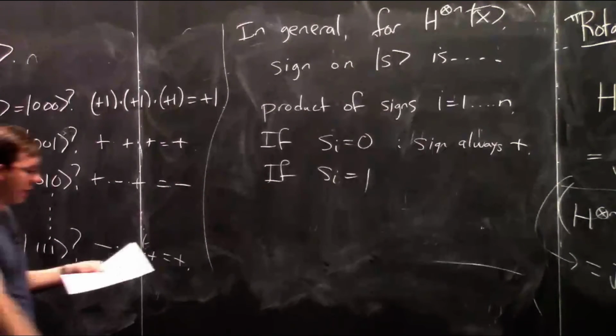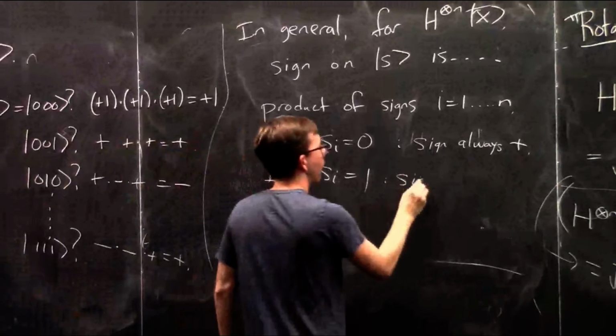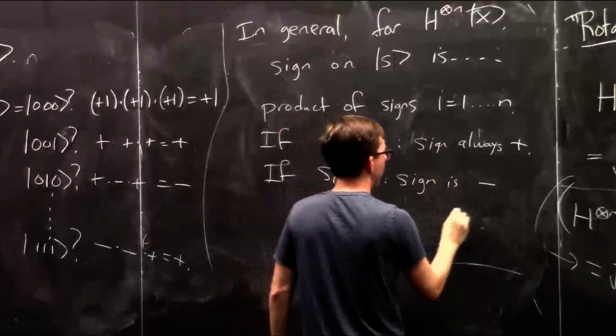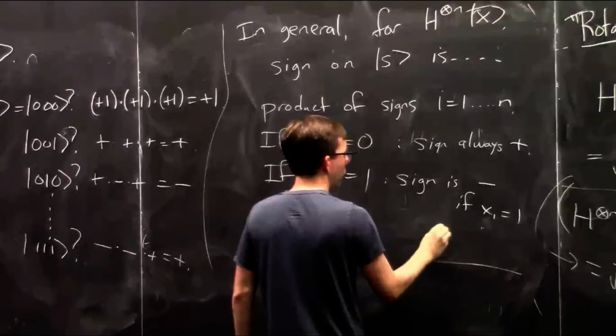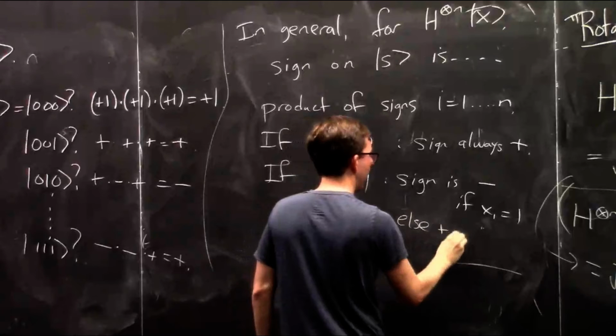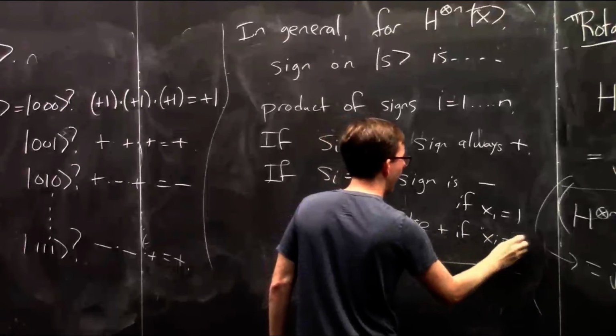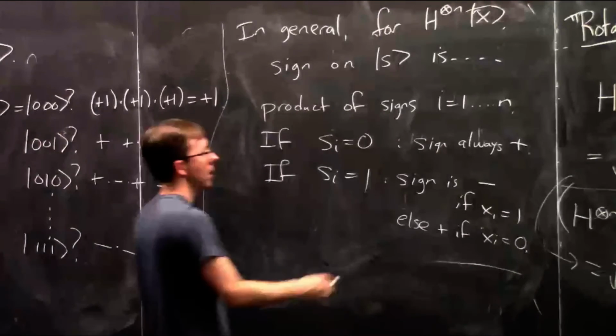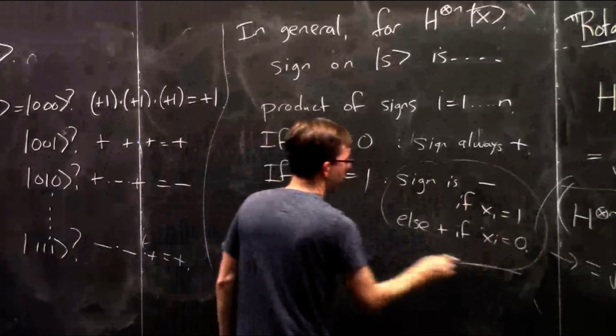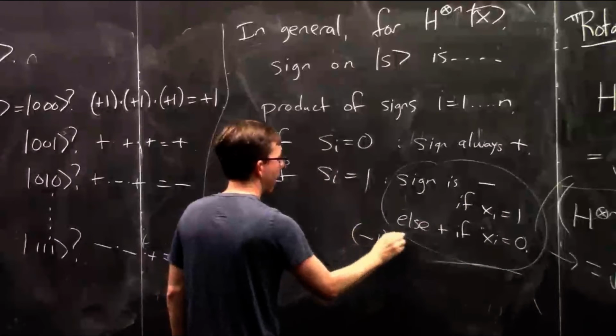So if Si is 1, the sign is minus if xi is 1, or else plus if xi is 0. Right? Which we can actually write as -1 to the xi.